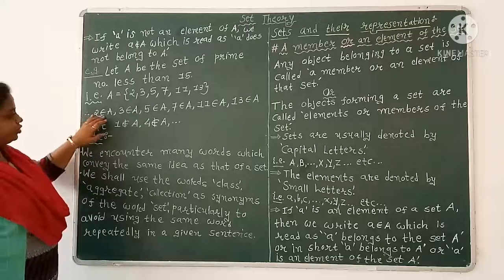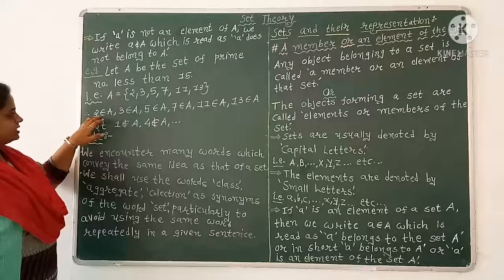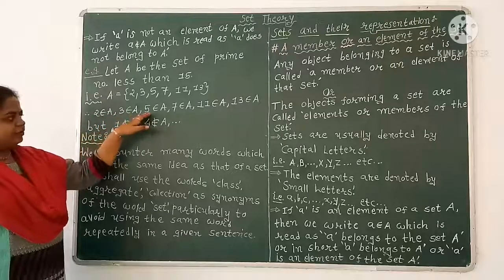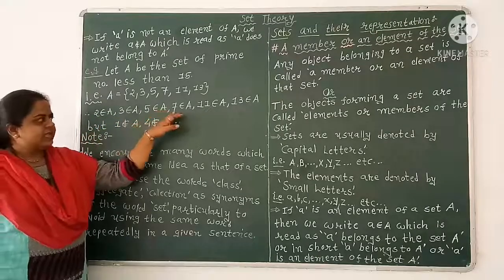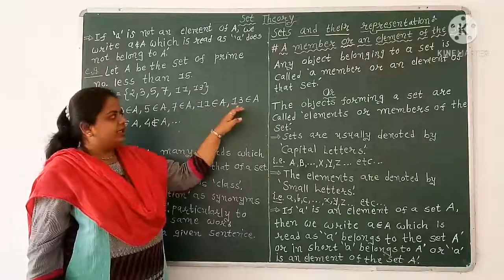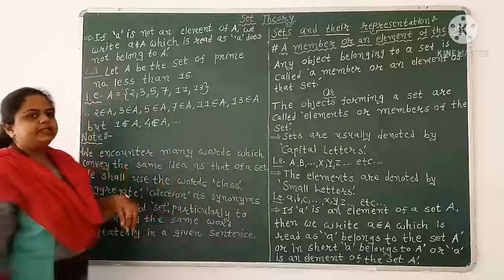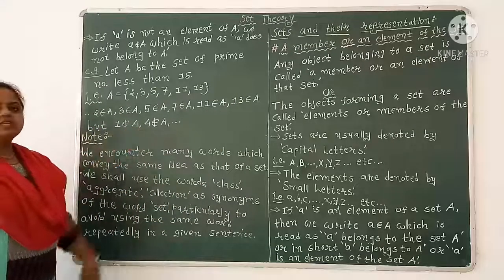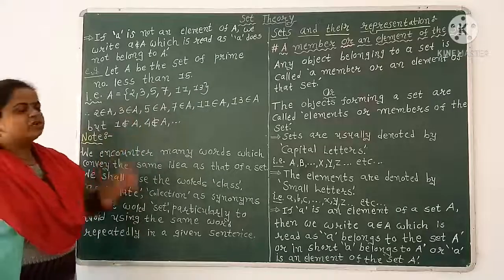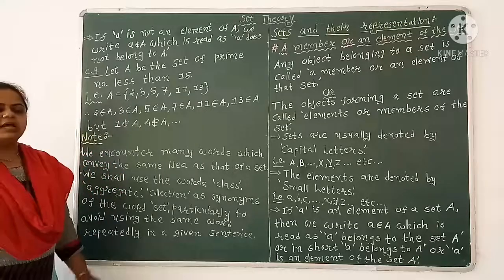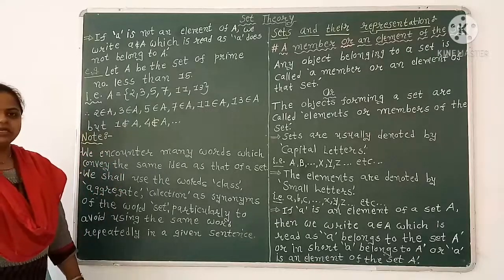Therefore, 2 belongs to A. That means 2 is a member of A. 3 belongs to A. 5 is an element of A. 7 is an element of A. 11 belongs to A. And 13 belongs to A. But 1 does not belong to A. 4 does not belong to A. 10 does not belong to A. And we know that elements of sets are always denoted in curly brackets.